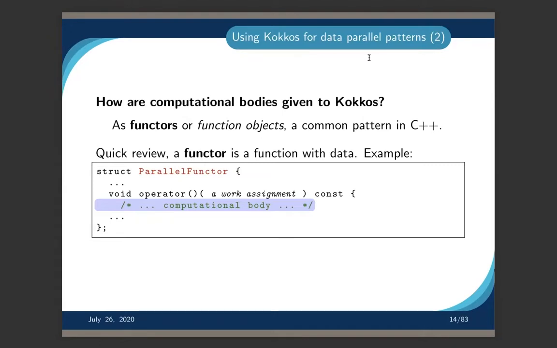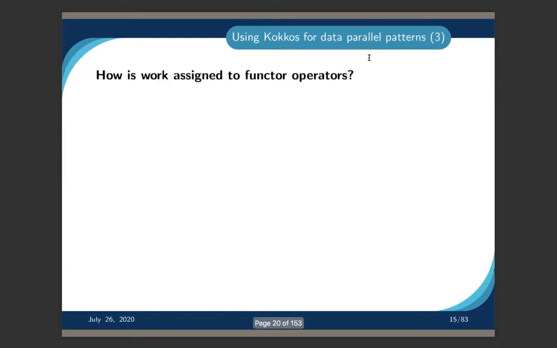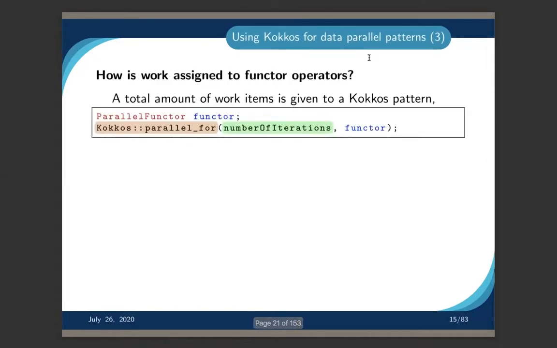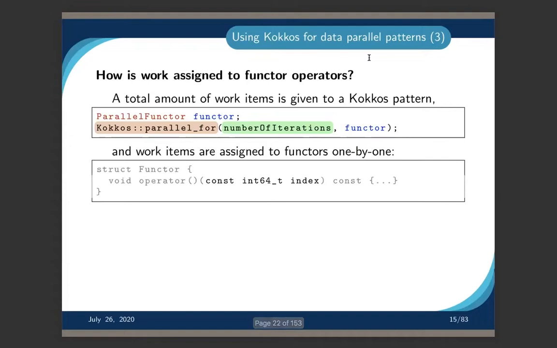And technically, syntactically, it's a struct which has a parentheses operator, so a callable operator, right? So what you now do in Kokkos, and I'm going to come back to that in a second in more detail, is you give, for example, to a parallel_for loop, you don't hand Kokkos the number of iterations and that functor, and then Kokkos decides how to execute that.